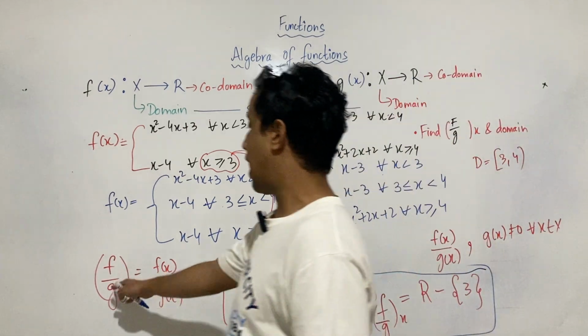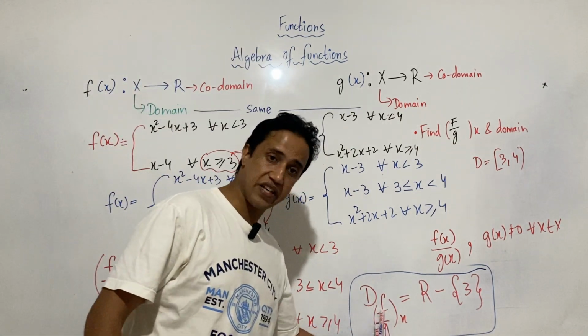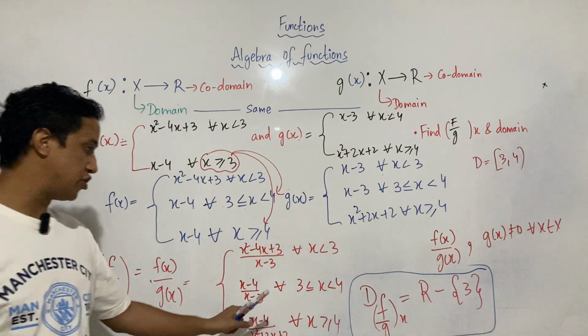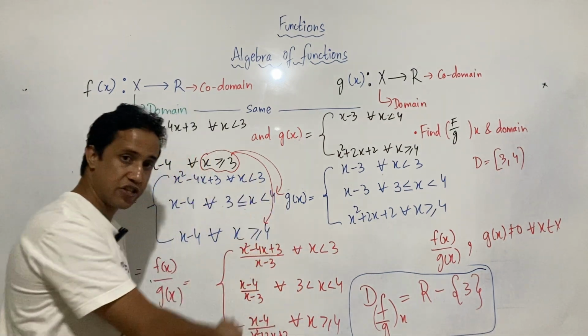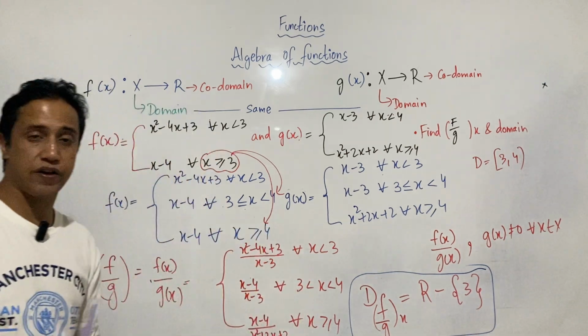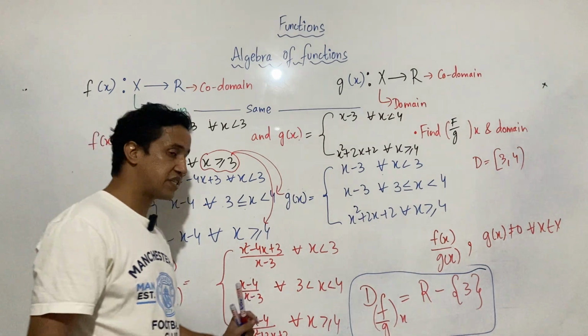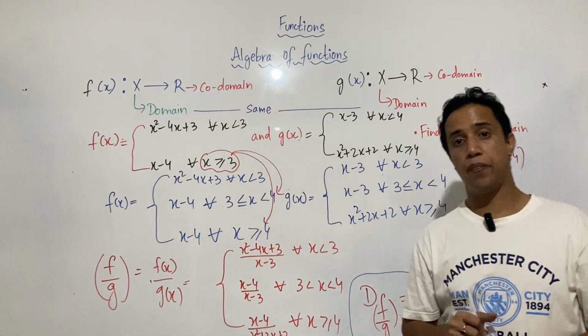This is your f over g(x), and this is the domain of this function. You cannot take 3 here, so I have to exclude 3 from this interval, because taking 3 makes this function not defined.